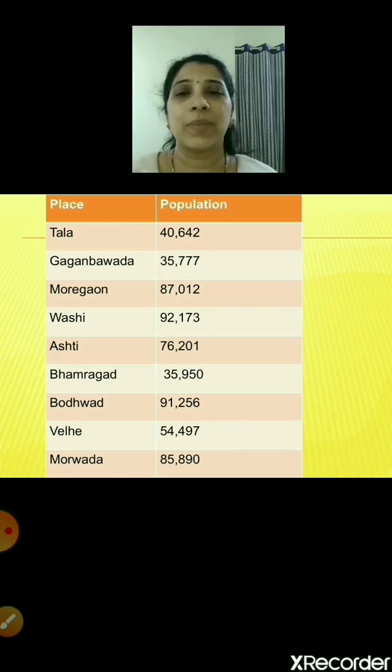Now when you see these numbers: Tala, 40,642; Gagan Bauda, 35,777; Moregaon, 87,012; Vashi, 92,173; Ashti, 76,201; Bhamragad, 35,950; Bodhwad, 91,256; Velhe, 54,497; and Morwada, 85,890.